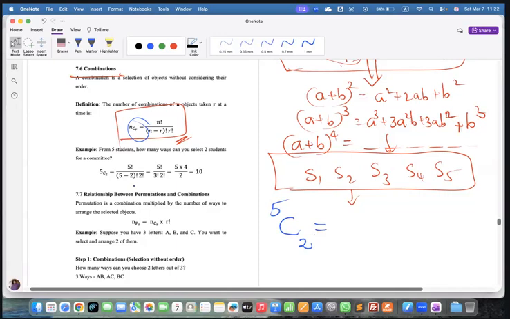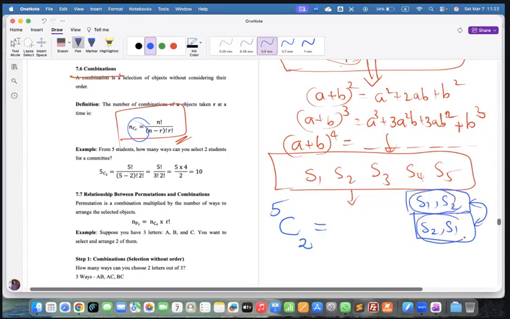Let's say if I select student 1 and student 2, that is one group. We cannot say student 2 and student 1 is a different group, because if I make a group with student 1 and student 2, another person cannot say student 2 and student 1 is a different group. These 2 groups contain the same students. So in this scenario, we consider them the same group.